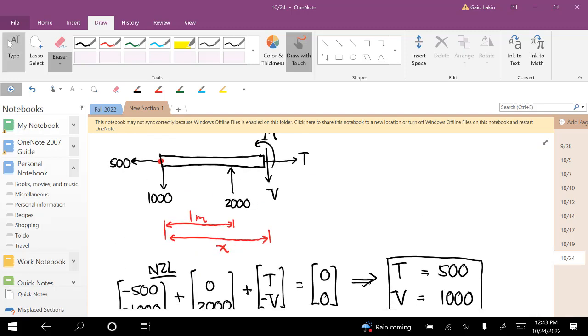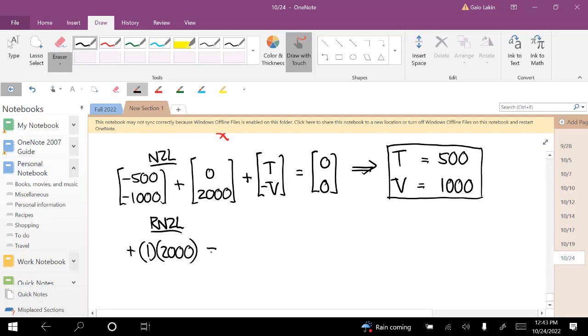And then there's plus the couple M minus Vx is equal to 0. And so M is equal to Vx minus 2,000. So 1,000x minus 2,000.